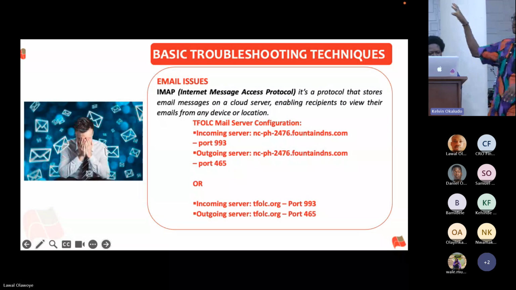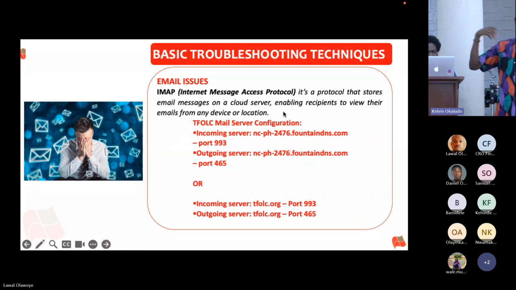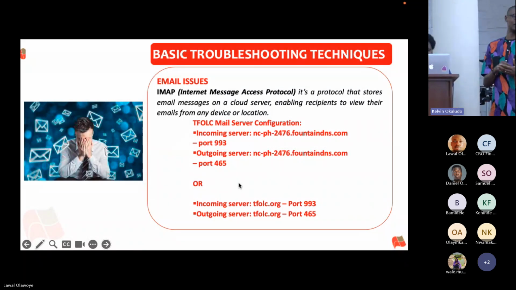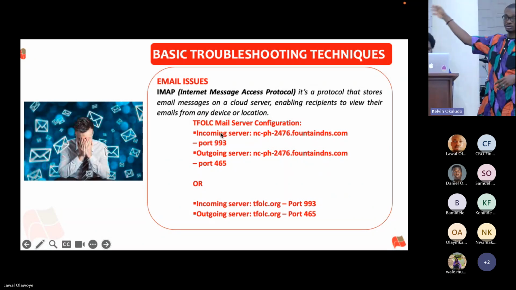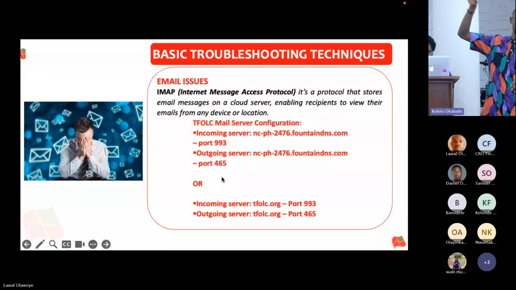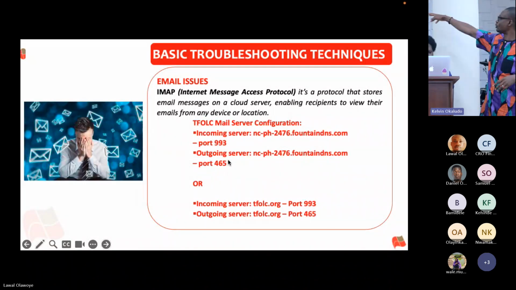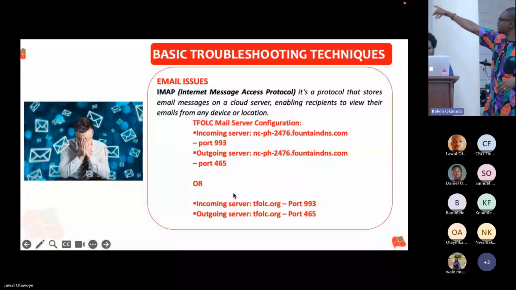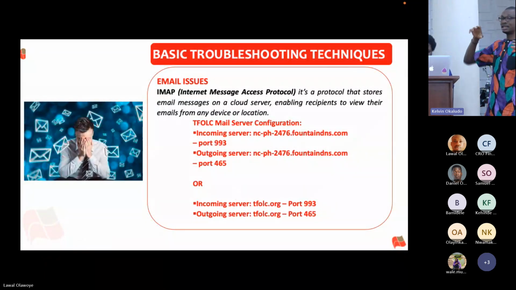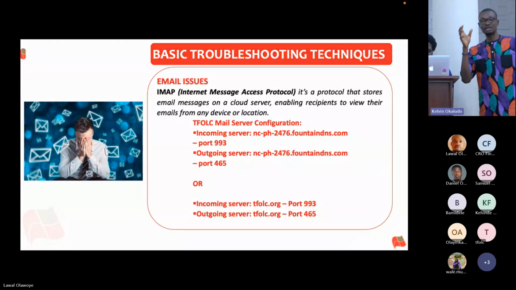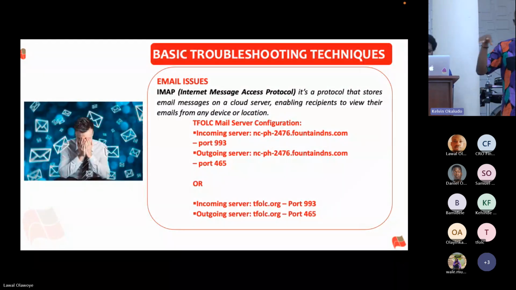For this email, over time, a lot of people ask, how do I configure my email by myself for my device? This is the basic configuration for our email, because our email is domiciled on a dedicated server and we use IMAP. IMAP is a protocol that stores email on a dedicated cloud server, in such a way that once it's there, you can access your email at any point in time.